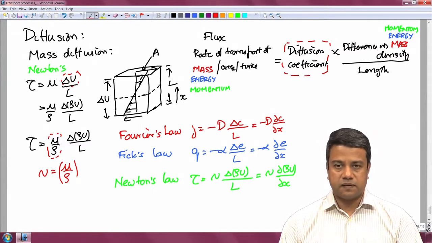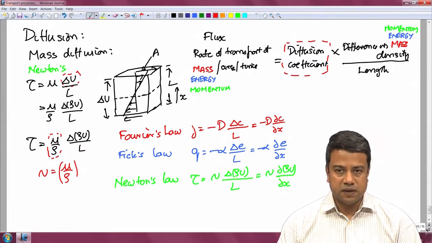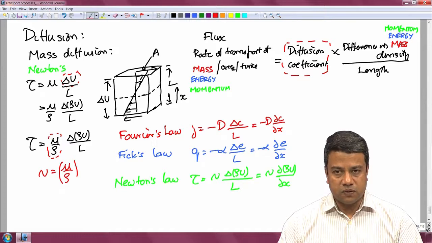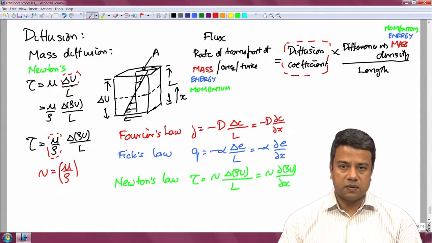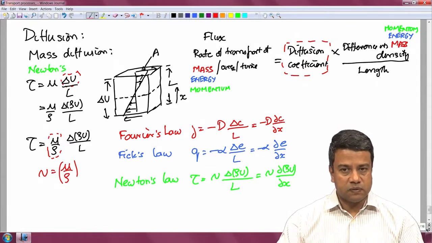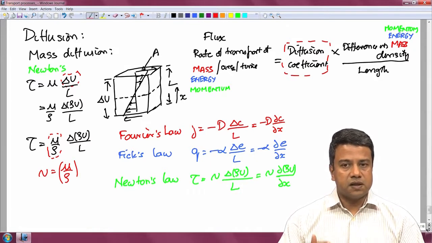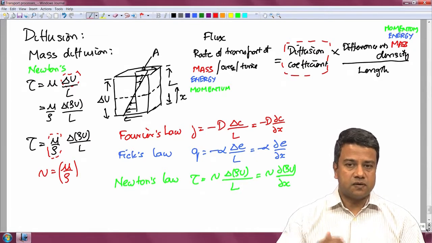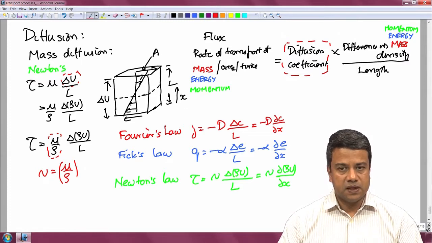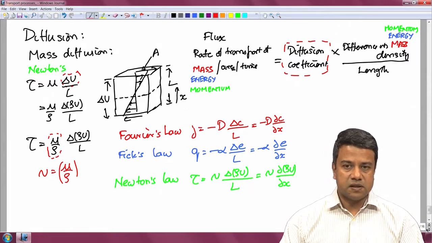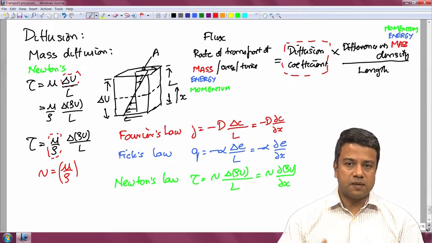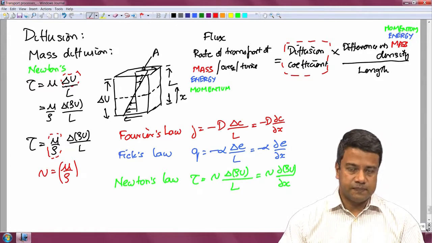When there is a difference, for example, when the concentration below is higher than the concentration above, then the molecules from below will carry a higher concentration along with them. Molecules from above will carry a lower concentration. Therefore, there will be a net transport of mass across the surface. Similarly, if there was a temperature difference, the energy of molecules going up will be higher than the energy of molecules going down. Therefore, there will be a net transport of energy.